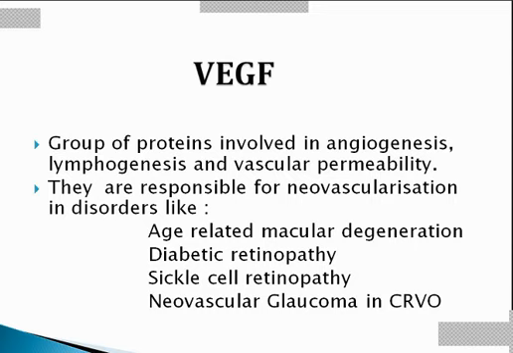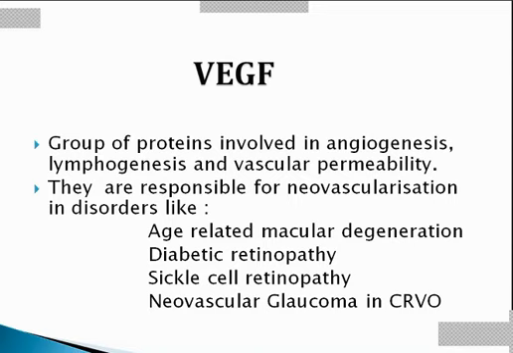So, in these conditions, whenever we see neovascularization, we should treat the patient by using these anti-VEGFs. VEGFs are a group of proteins involved in angiogenesis, lymphogenesis, and vascular permeability. They are responsible for neovascularization.